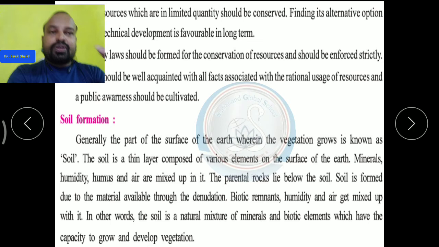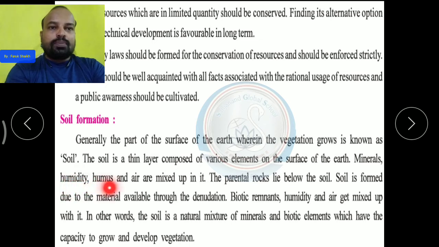It is not made from only one component, but from various elements: stones, sand, mud, clay. Different soils are there. We will also learn further about the different types of soil and their features. Minerals, humidity, humus, and air are mixed up in it.